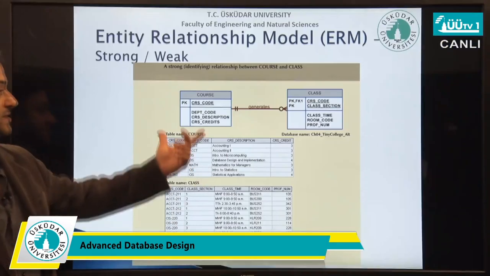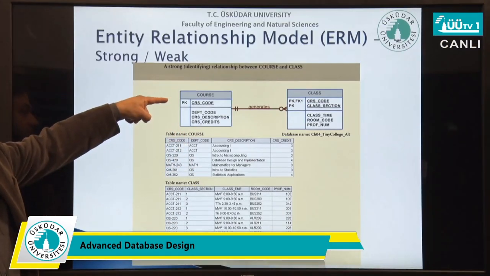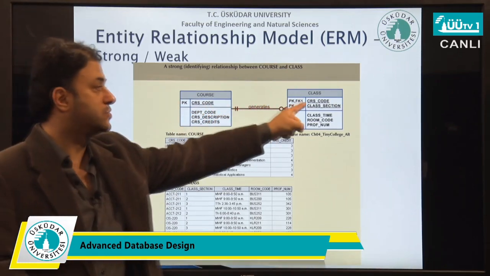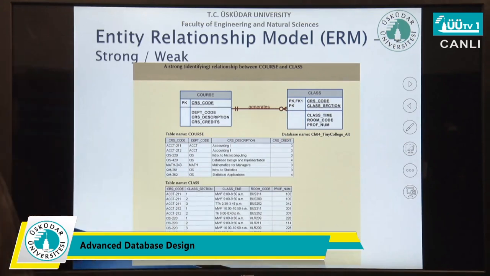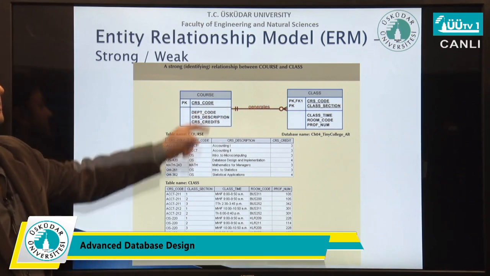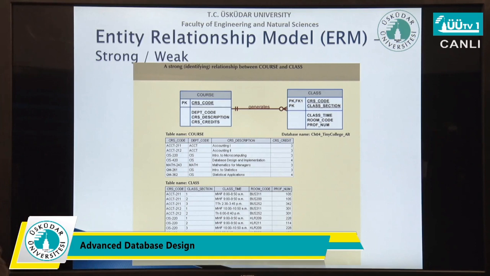So let's look at this example. We have the primary key of the class here, and it exists here, the class code. Class code exists here as a primary and as a foreign key. So it plays 2 roles. One role is a part of the primary key, and in addition to that, it works as a foreign key as well. So by that, as you can see, the line becomes a strong line. Strong line means the connectivity is strong. The connectivity here is strong.